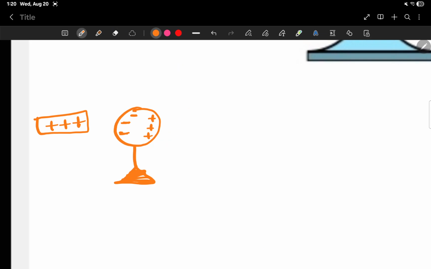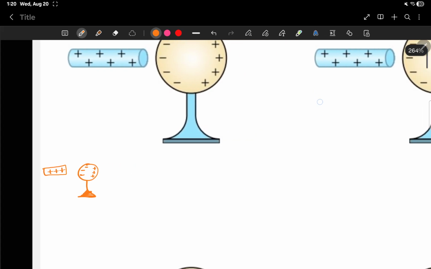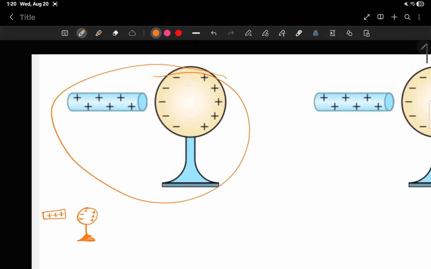So here we have an induced dipole in the sphere. Dipole as in two poles, one positive pole and one negative pole. So that's what we've gotten to here, essentially.